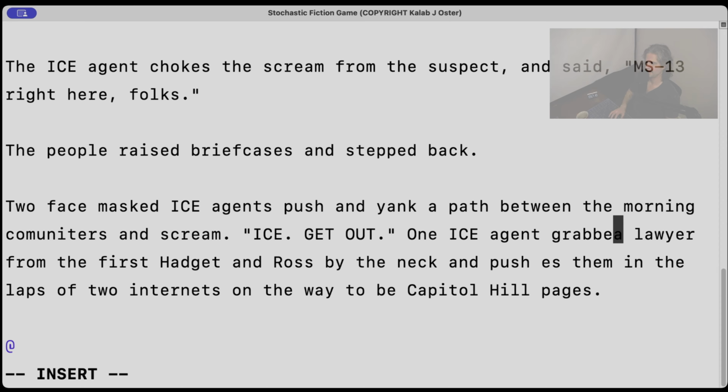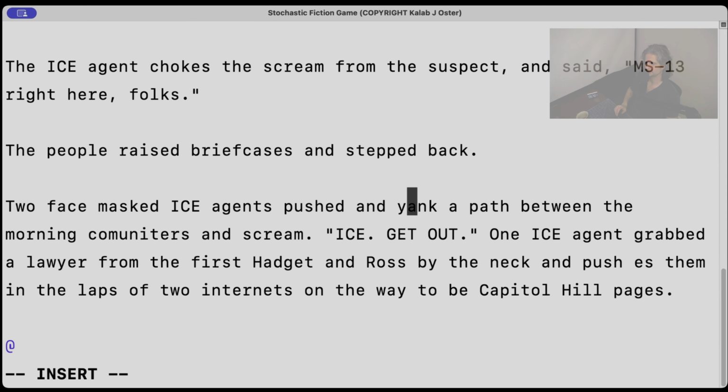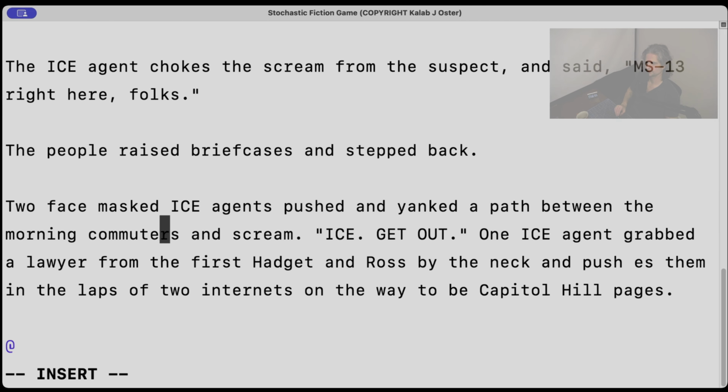And it's got to be past tense. Grabbed, pushed and yanked, raised, past tense. I'm slipping in the present tense. Pushed and yanked a path between the morning commuters, and screamed.